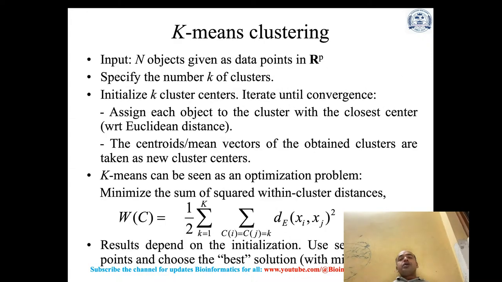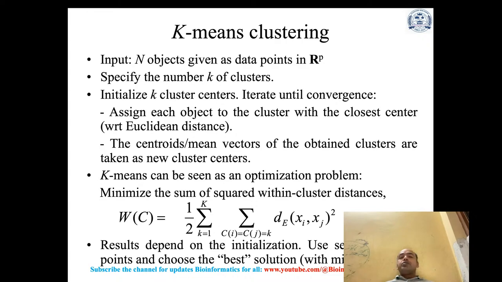Now it comes to k-means clustering. This is also something which I have explained in detail. In k-means clustering, the input is n objects given as data points. Then specify the number of clusters, initialize the cluster centers, and iterate until convergence is reached.